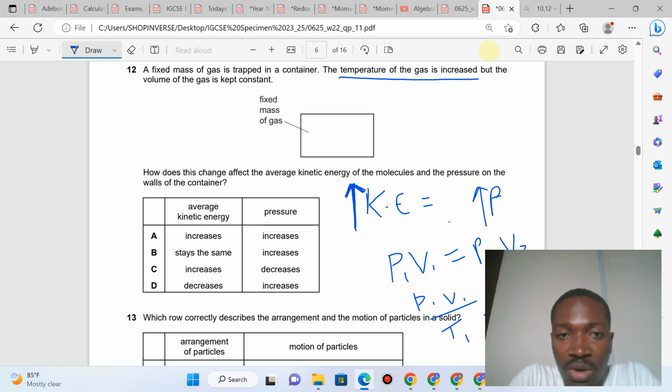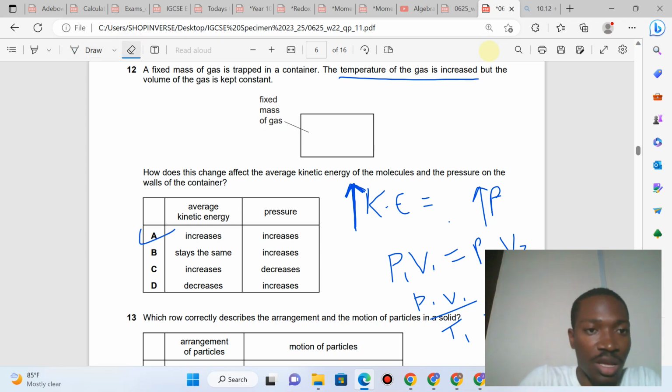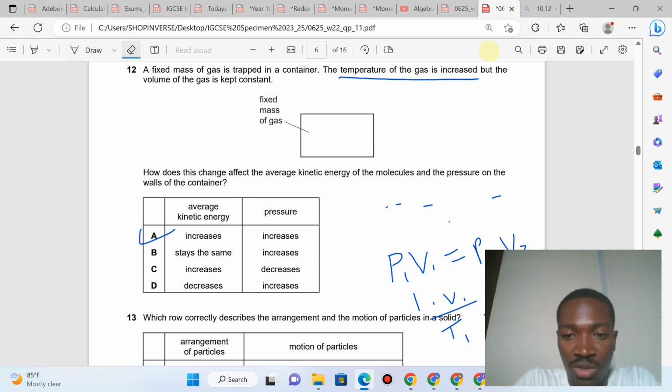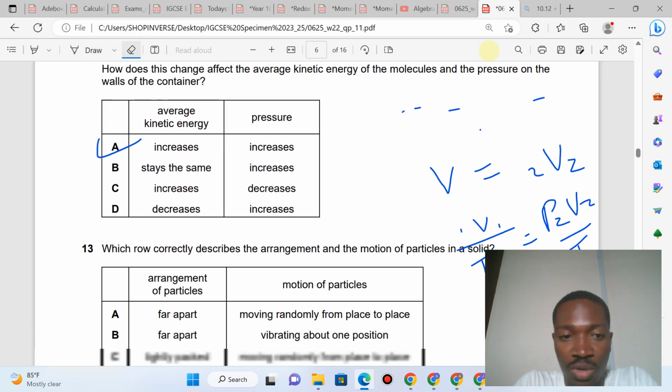This simply means once temperature is increased, then pressure is expected to increase. So increasing the temperature would raise the pressure. So that makes option A, increase and increase, the correct answer. Perfect. Let's go to question 13.